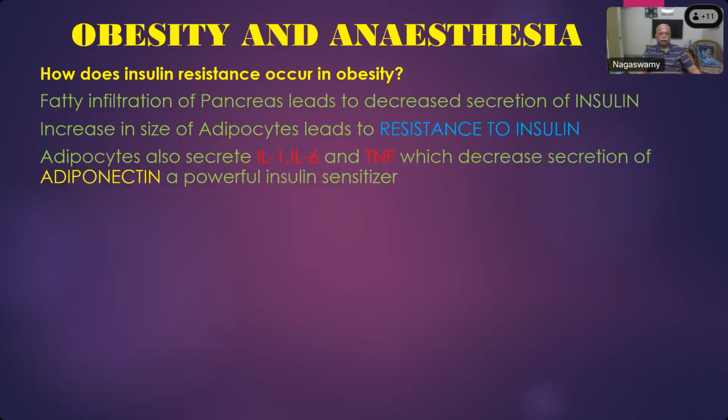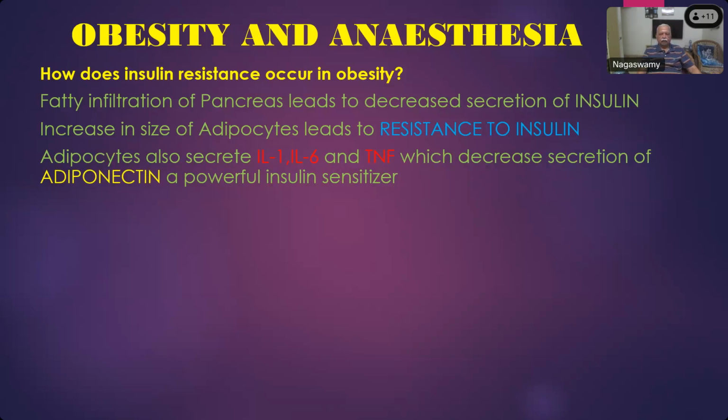And the third reason is adipocytes also secrete inflammatory cytokines like interleukin 1, interleukin 6, and tumor necrosis factor alpha, which also decrease the secretion of a hormone called adiponectin. This adiponectin is normally present in everybody to make the insulin action powerful. It is called an insulin sensitizer.